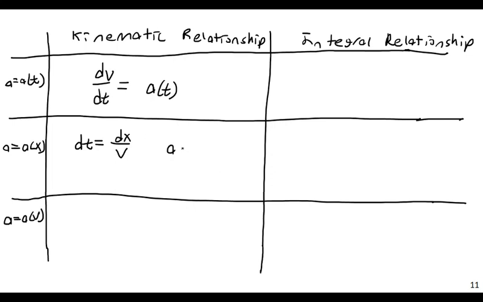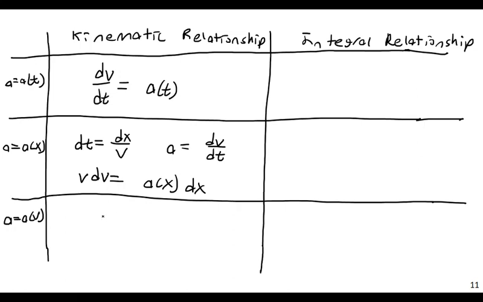And we know that a is equal to dv over dt, so therefore v dv, I should say, is equal to a of x dx, yes, a of x dx.